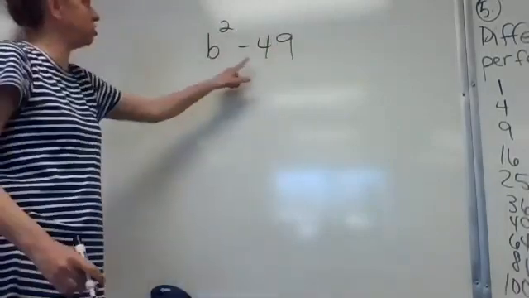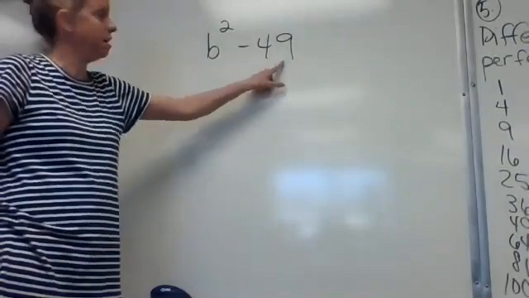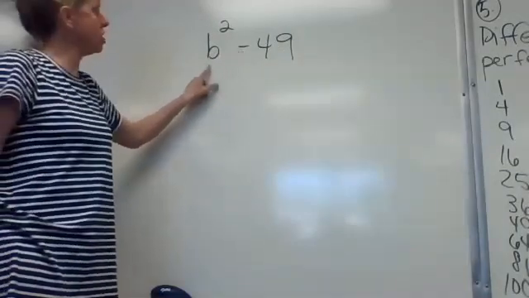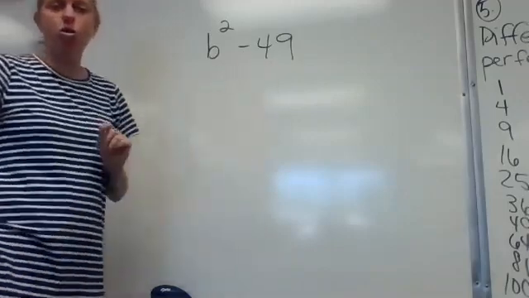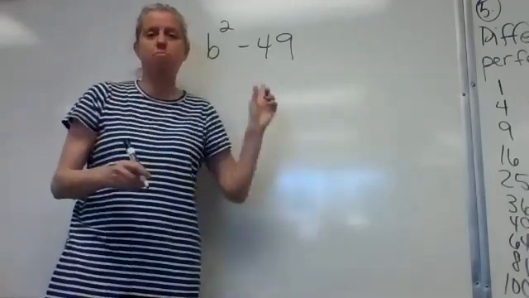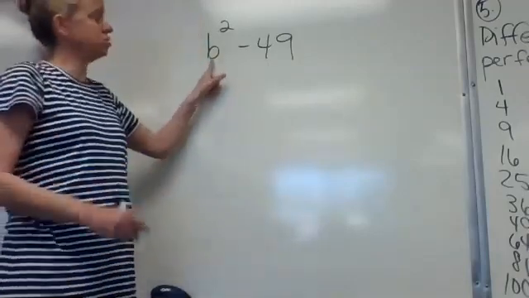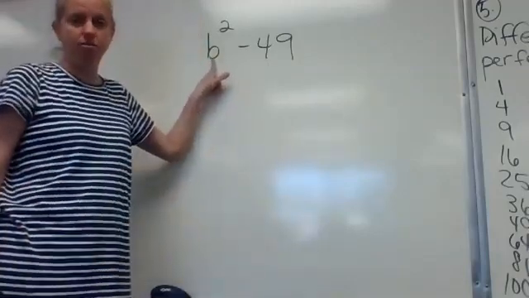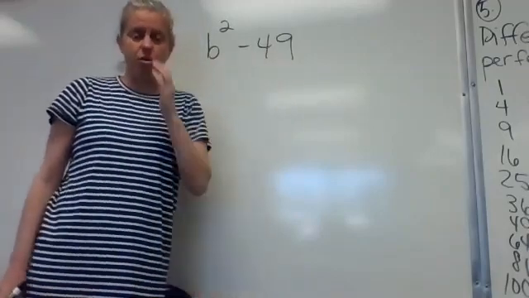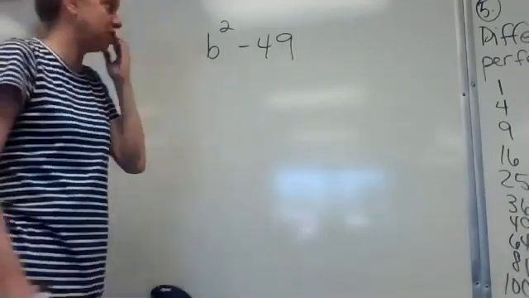So let's do our checklist. 2 terms, yes. Minus in the middle, yes. Are these both perfect squares? Or in other words, can I use the same thing twice to multiply to get both of those? Yeah, I can use b times b for b squared. And I can use 7 times 7 for 49. So they are both perfect squares.